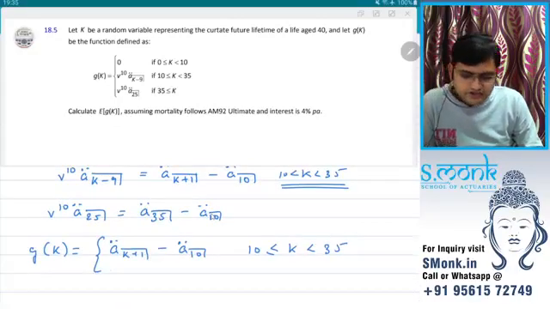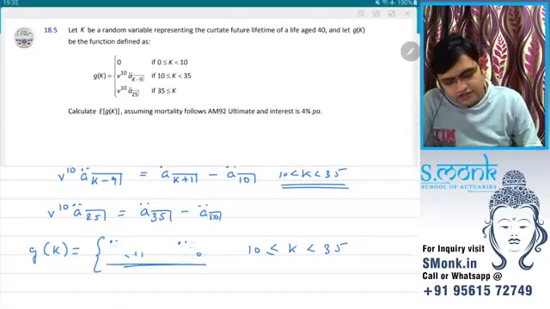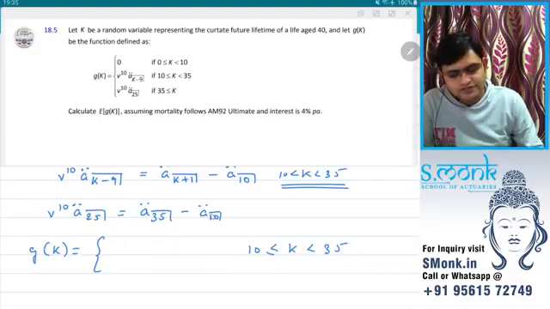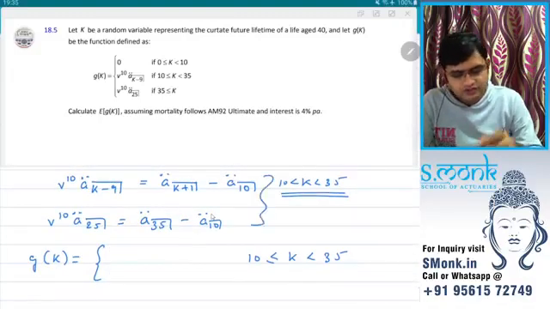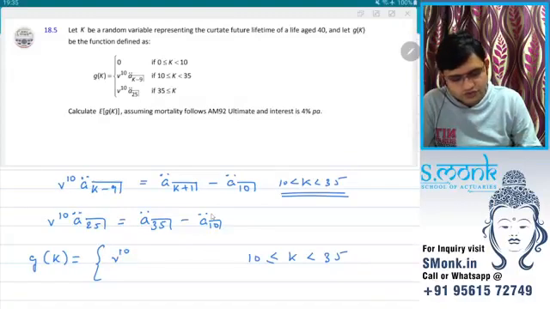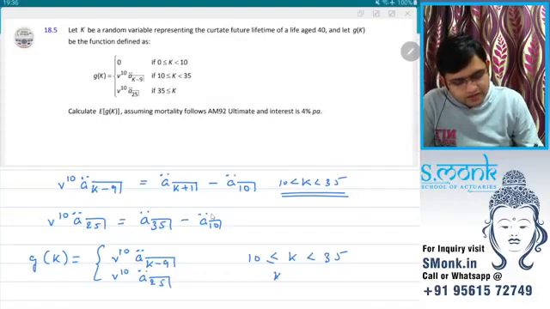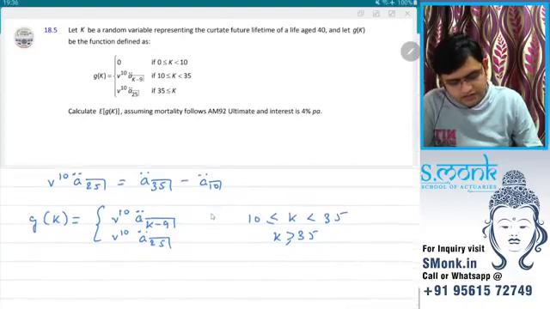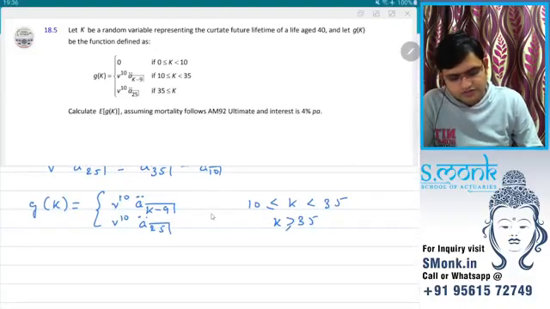Actually, instead of this I think the given values are good enough. We'll see if we require this or the given values. I think for now given values are better to use. So a due k minus 9, and v raised to 10 a due 25 when k is greater than or equal to 35. This is what we have.